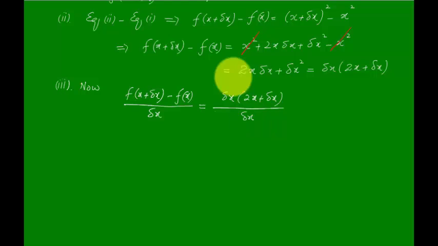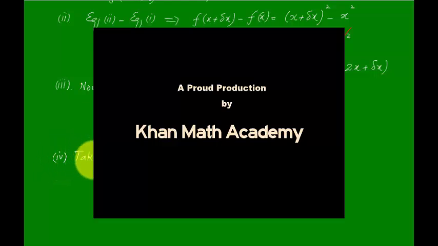Now from here this delta x is very easily cancelled. The rest we will get is 2x plus delta x. Now in the last step we have to apply the limit.